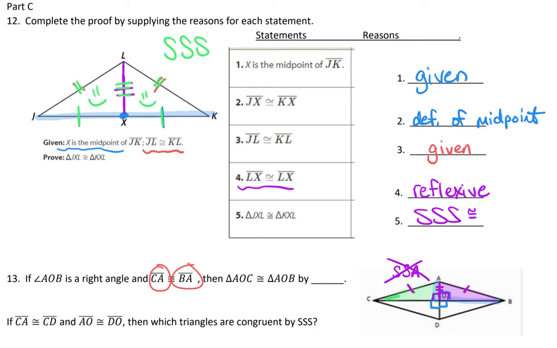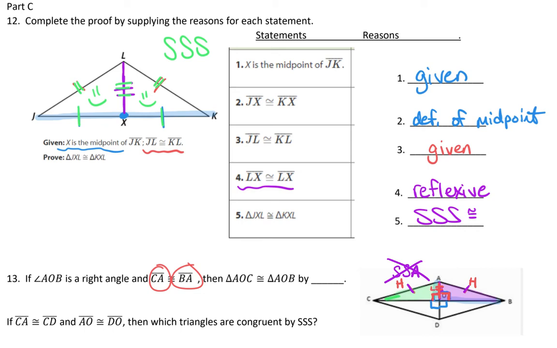So your first thought might be that they're not congruent, but they are right triangles. So we have that other theorem that we can use. Instead of thinking about this as a side, let's think about that as the hypotenuse, because it is. It's across from the right angle. It's the hypotenuse. And then this side here is the leg.